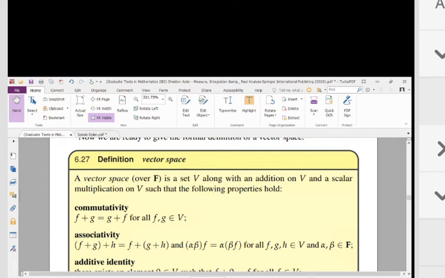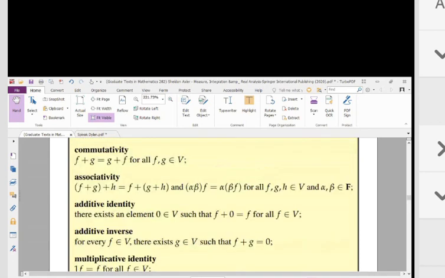Commutativity: f plus g equals g plus f for all f and g in V. Associativity: this equality and this equality for all f and g in V and all alpha and beta in F. Additive identity: there exists a zero in V such that 0 plus f equals f.